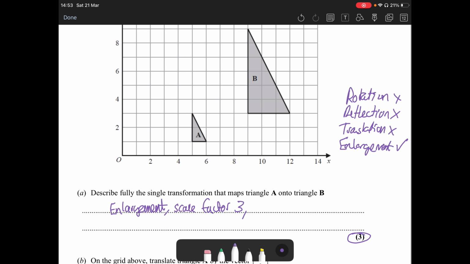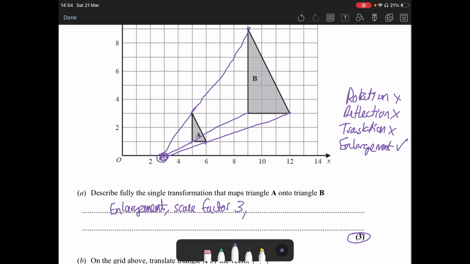The last part, and you do need a bit of a ruler here, so I'm going to have to do my best on the nightmare that is iPads. This is a lot easier when you're dealing with paper, but you want to do a straight line that goes through all the corresponding vertices. Right.